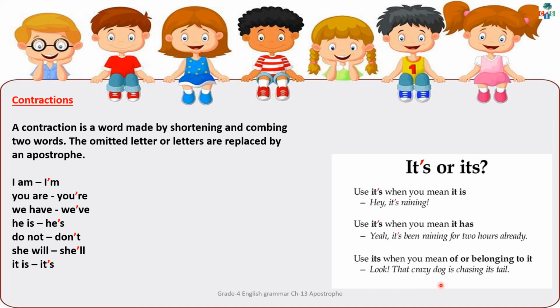Dog's tail, na? So its here means the tail of the dog. So when it is used without an apostrophe mark, it means belonging to it. And when it's is used with an apostrophe mark, it means it is or it has. Understood?